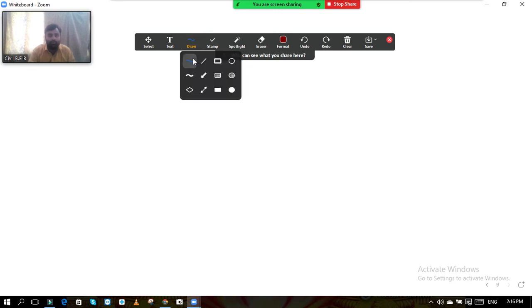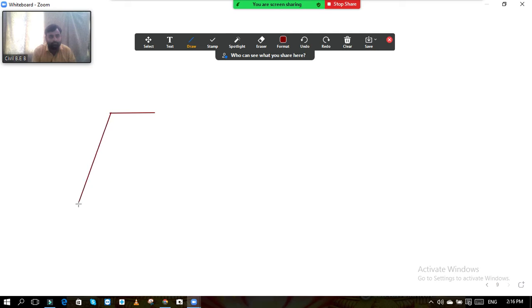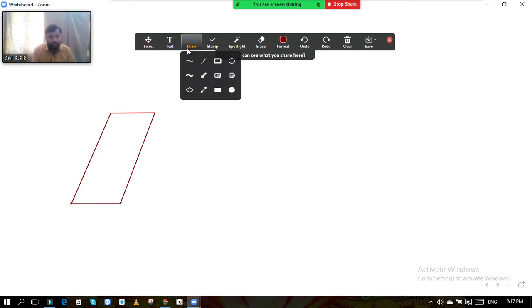So now here I will draw the strip. Okay, so now depth, this is the depth.